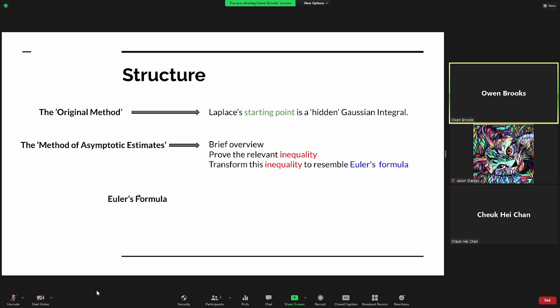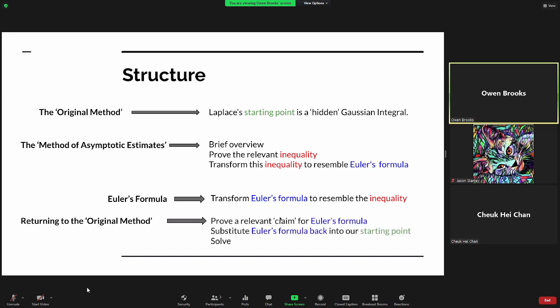And then we're going to come from the side of Euler's formula and transform that side so that it resembles the inequality. So they're sort of going to meet in the middle a little bit. And then once we've showed where Euler's comes from, we're going to return to the original method and prove a relevant claim, and then substitute the formula back into our starting point from Laplace, and then just solve.